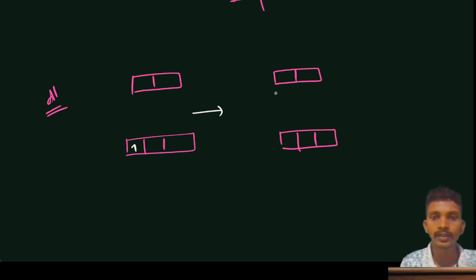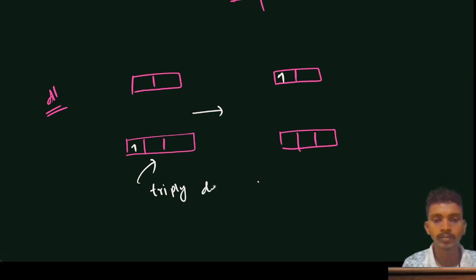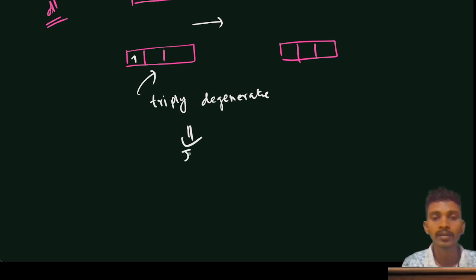One electron I am doing the transition, so I do the transition here. Here we see that this is triply degenerate. Whenever triply or doubly degenerate levels are there, Jahn-Teller distortion, JTD, comes into play.